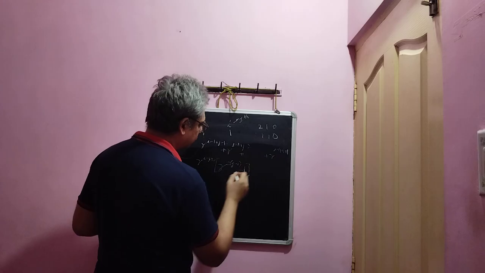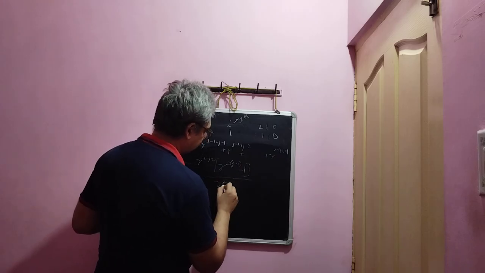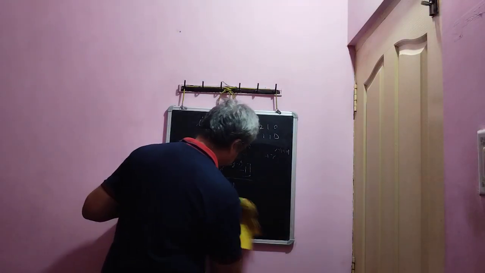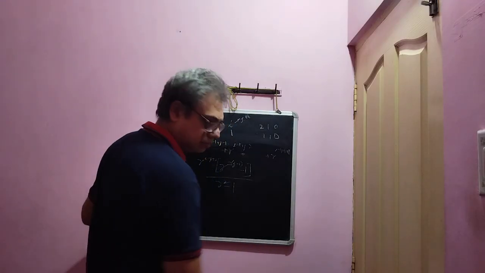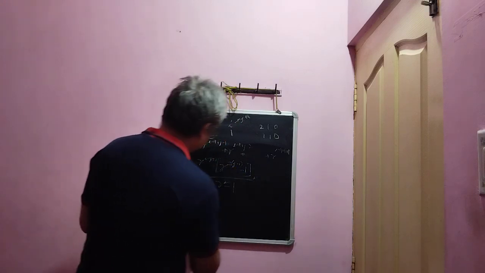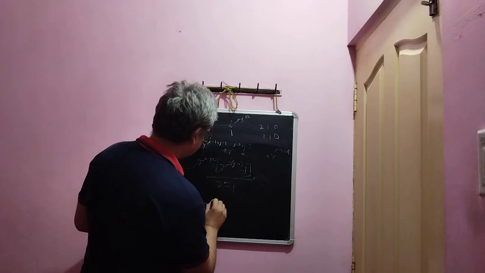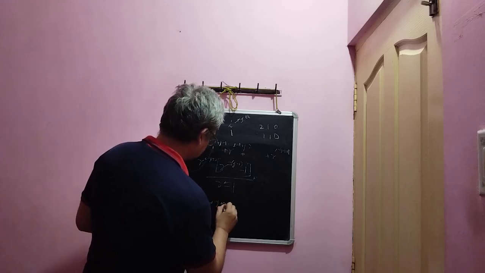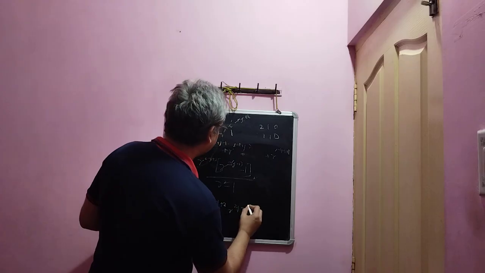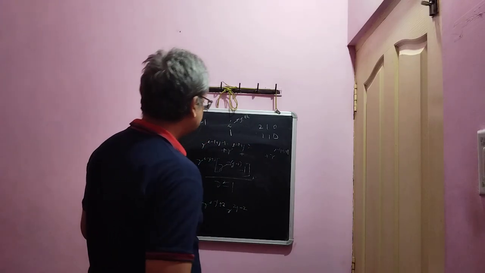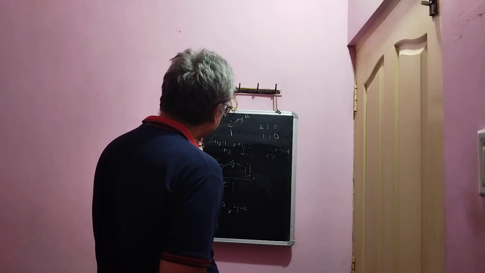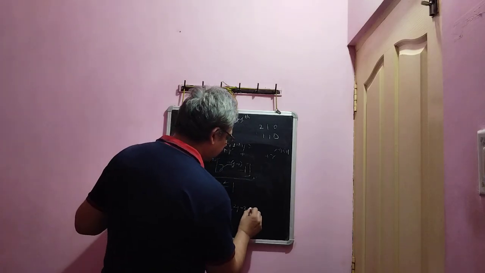You will have r power 2 into j minus 1, by r square minus 1, which should be equal to r power i minus j plus 2 into r power 2j minus 2, minus 2.